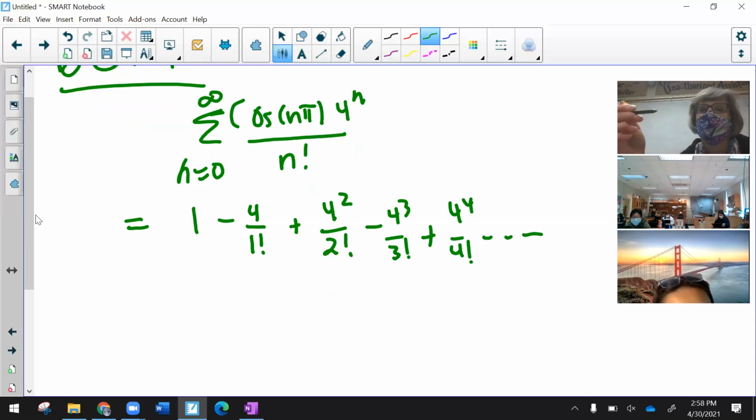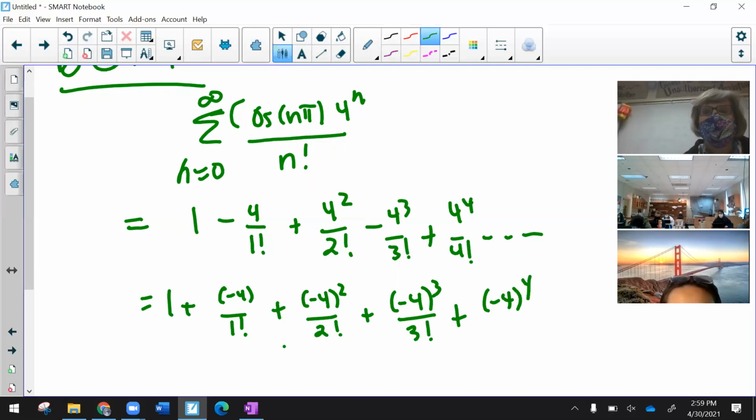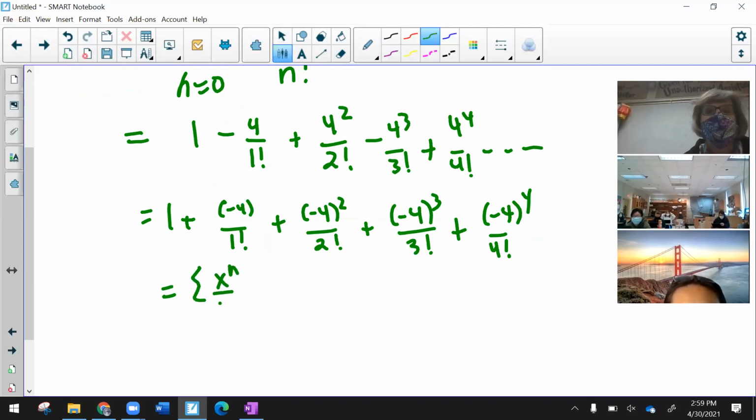And I'm going to know what x is. So I'm going to acknowledge that if I made it negative 4, like that, then what this really is is x to the n over n factorial, right?